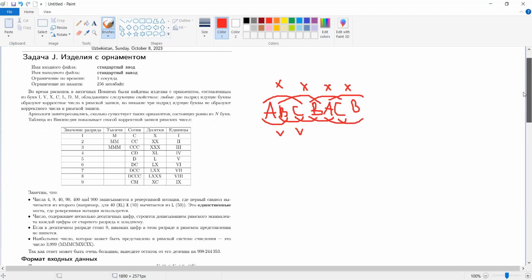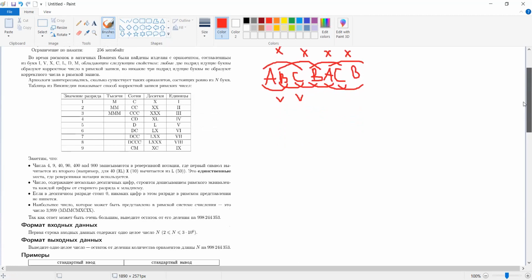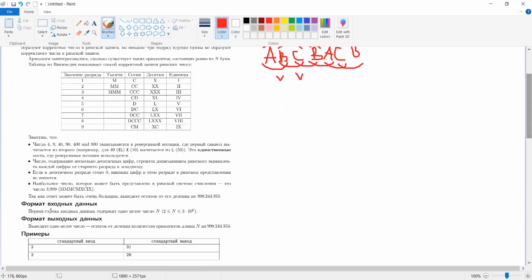That's the whole question. So we look at the examples they give us. They told us that for 2 there are 31 such sequences. What does it mean? You cannot build 3 that are not valid if there are only 2 letters.